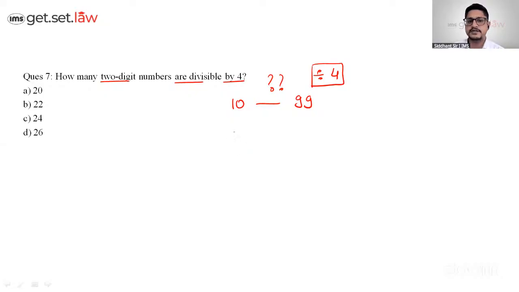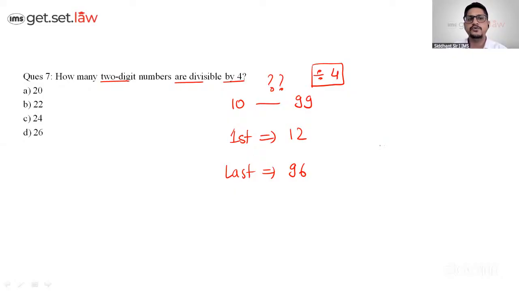Now, the first divisible number, or I will say the multiple of 4, would be 12. That's the first number. And the last number is not 99, not 98, 97, because 100 is a three-digit number. So the number comes to be 96. Now over here, the trick is about a formula.